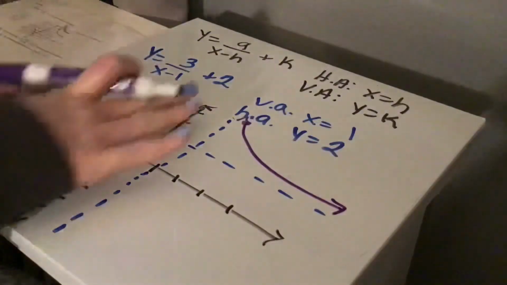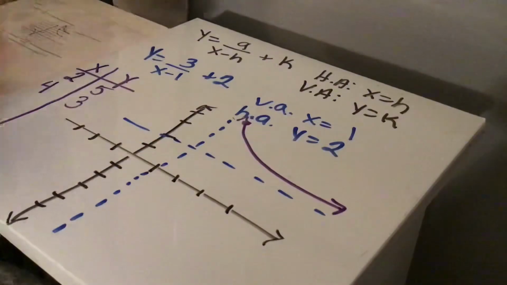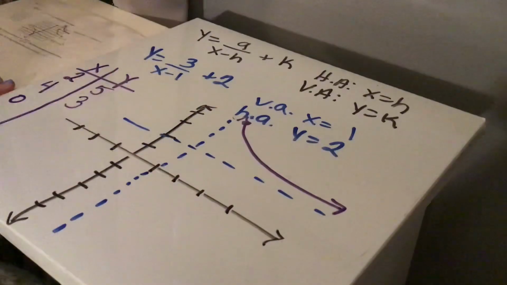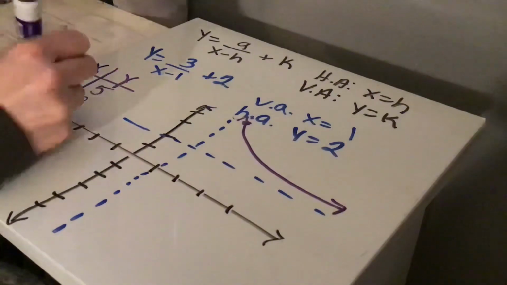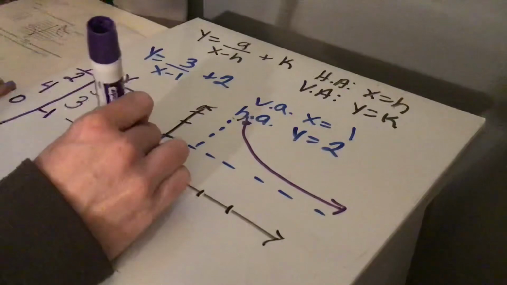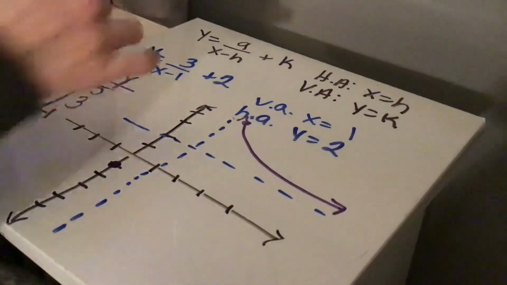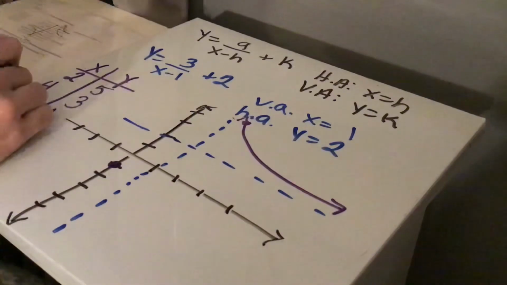Then we have to figure out over here where our curve is. So nice one for us would be 0. When x is 0, we get 3 divided by 0 minus 1, which is negative 3. Negative 3 plus 2 is negative 1. So we're here. And then take an x value to make it a multiple of 3. So we're going to do negative 2.